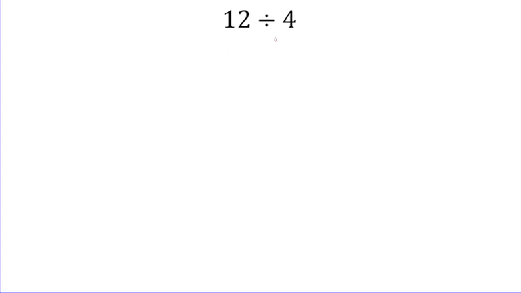Now, I'm going to use the division idea that what we're really asked to do is divide 12 into 4 equal parts. To do that, I'm just going to draw a picture. I've got my 1, 2, 3, 4, 5, 6, 7, 8, 9, 10, 11, 12. So there's my 12, and I'm going to put those into 4 equal parts.